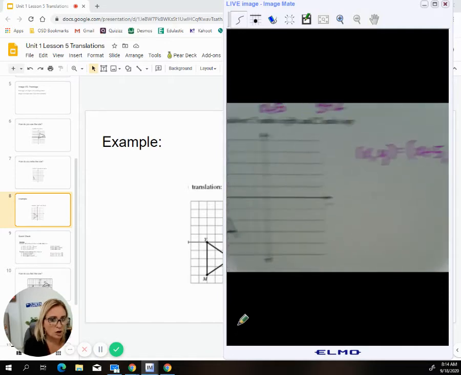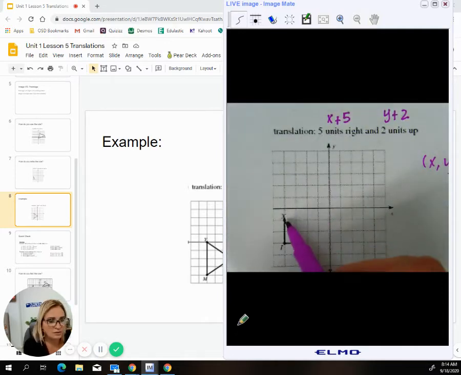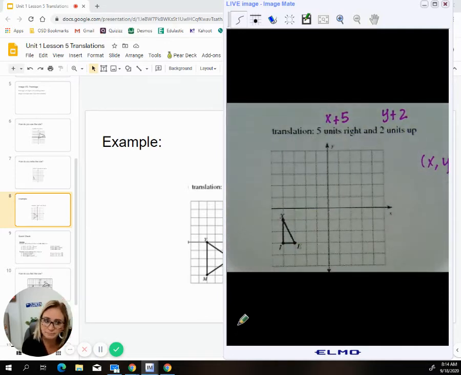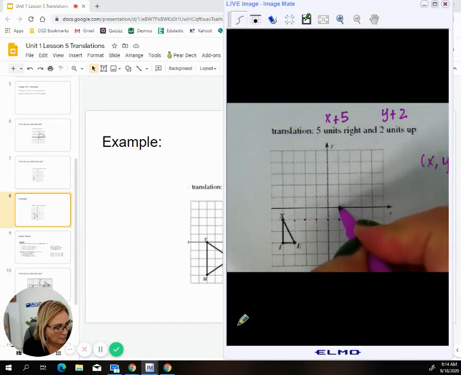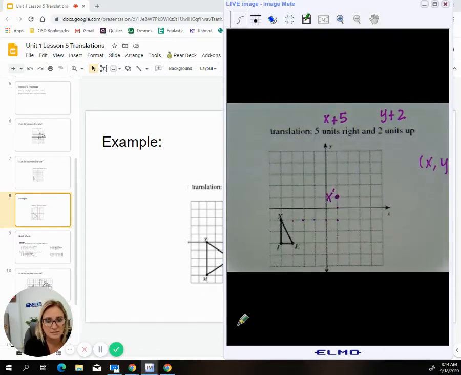Okay? So that means that we're going to do that with each of these points. So X is going to go over 1, 2, 3, 4, 5, up 1, 2, and now this is my new X value.